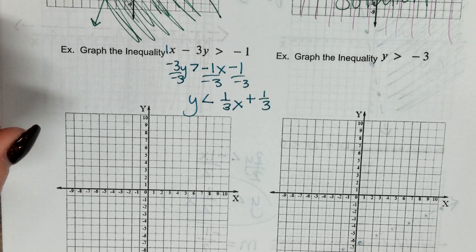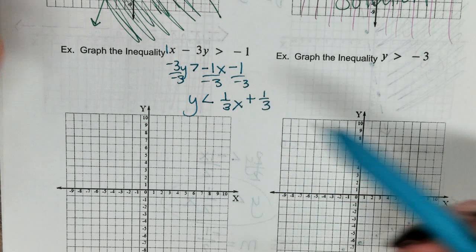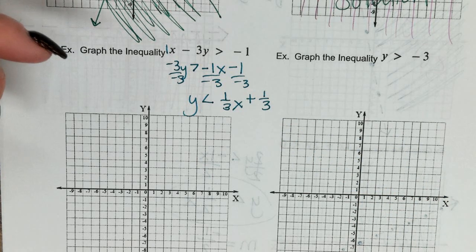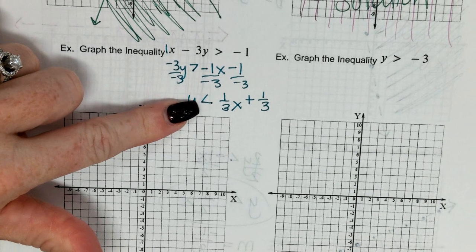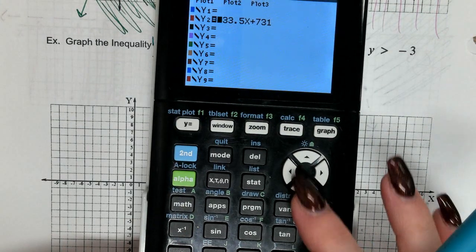Now, for this one, I don't want to have to graph with a y-intercept here. You could, or you could just go to your y equals button and type that in to get some points, right? All right, so I'm going to go to my y equals button.